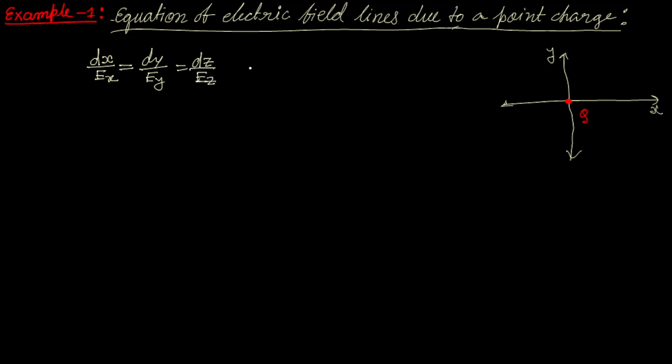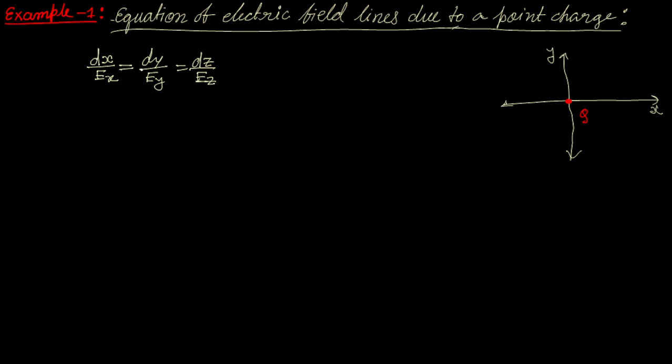In this case we want the electric field line equation in the xy plane, so we can simply write dx divided by Ex is equal to dy divided by Ey, because in the xy plane dz will be 0.